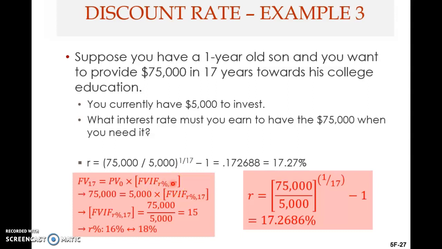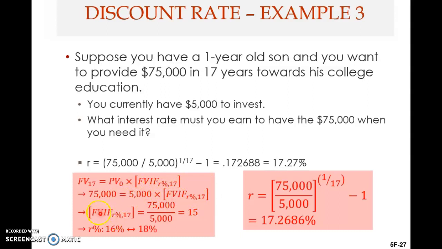You need to use this formula: future value at end of period 17 equals the present value now multiplied by the future value interest factor, R percent. This is not known. You want to solve for this, and you know it's 17 periods. Therefore, you replace the known values: 75,000 equals 5,000 multiplied by the unknown value.